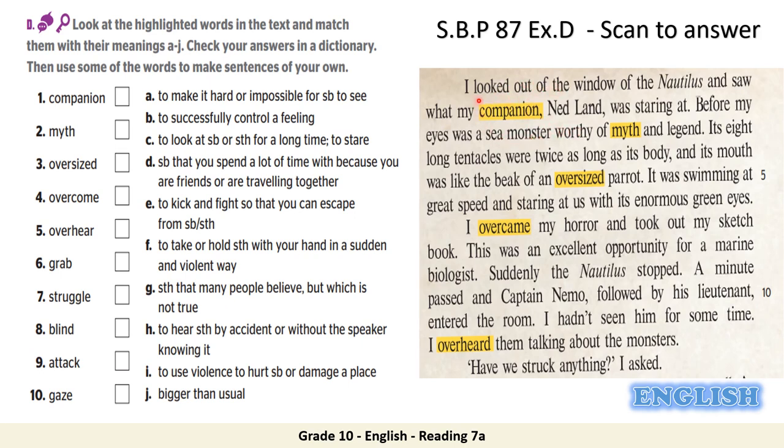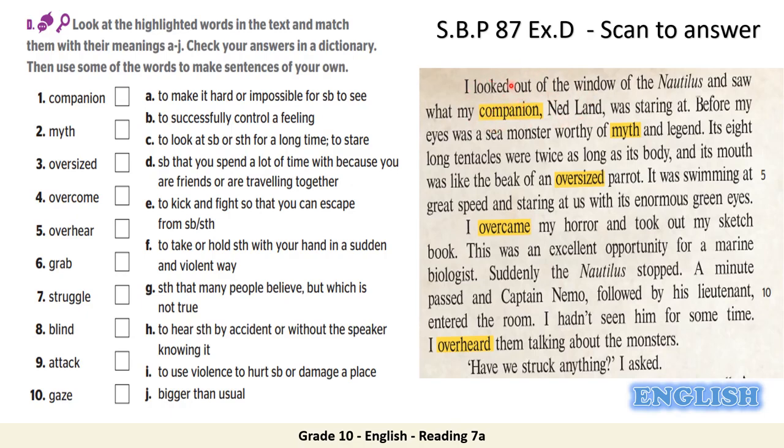I looked out of the window of the Nautilus and saw what my companion Ned Land was staring at. You can find out here that the narrator and Ned Land are at the same time in the same place and the narrator knows his name. He said, "My companion."